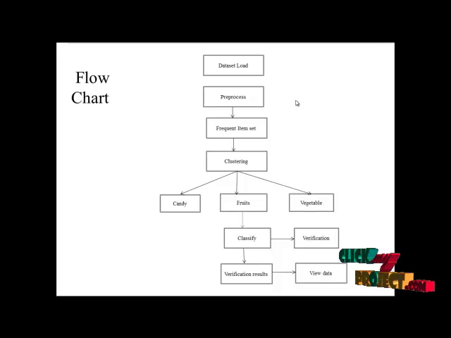The supermarket has many data items, for example candy, fruits, vegetables, masala items, noodles, etc. But only some of these items are used and processed. So candy, fruits and vegetables are the data to be processed, and then we classify the records.